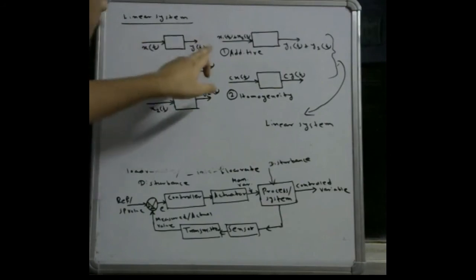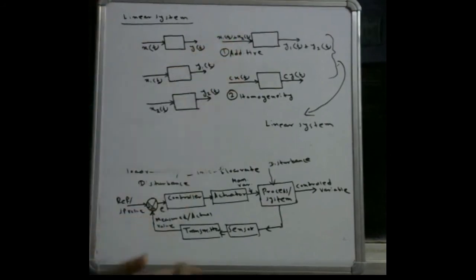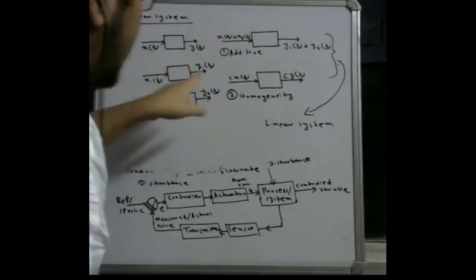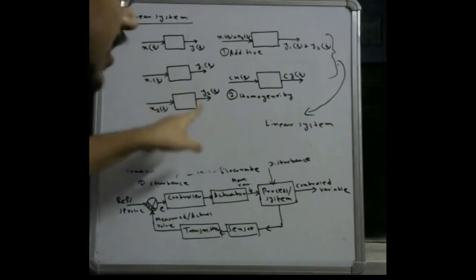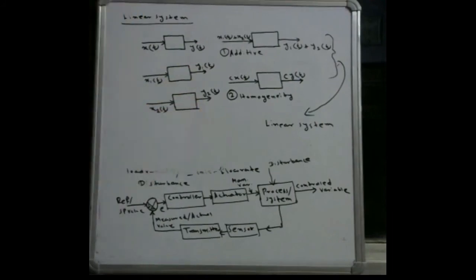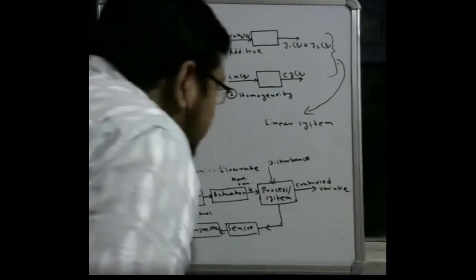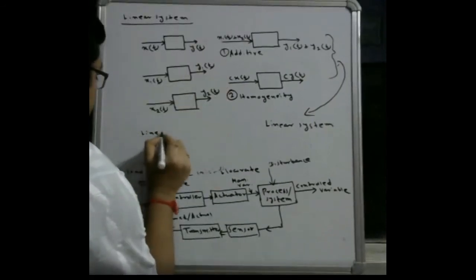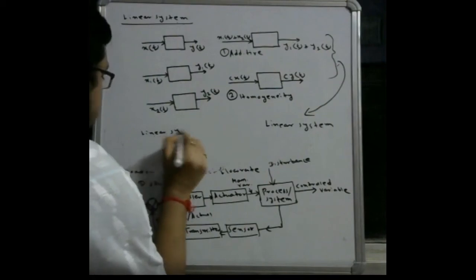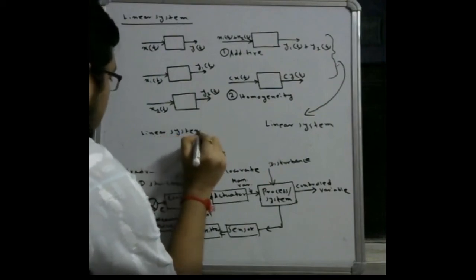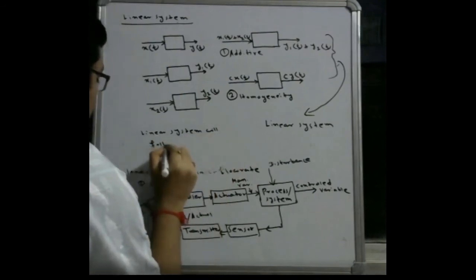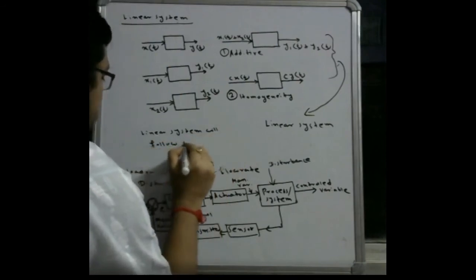Then when x1 and x2 both are applied at a time, the output will be the summation of each effect, y1 and y2. This one is the superposition theorem. So we can say a linear system will follow the superposition principle.